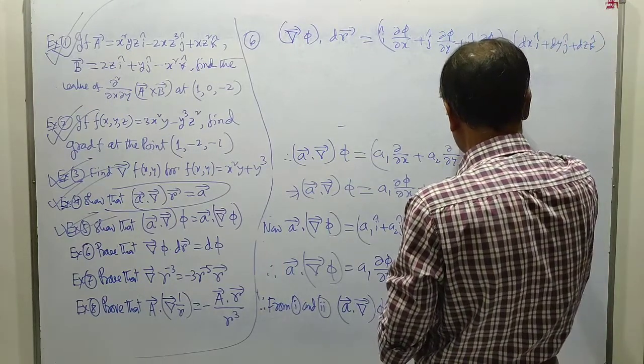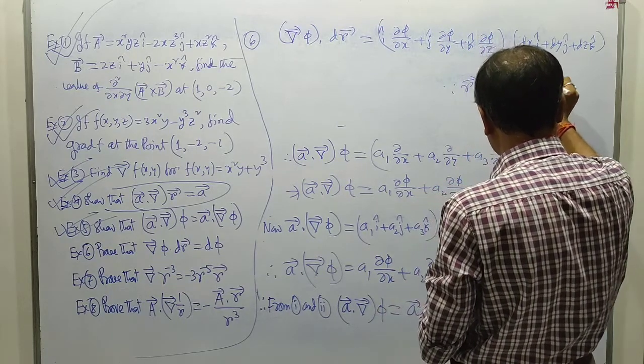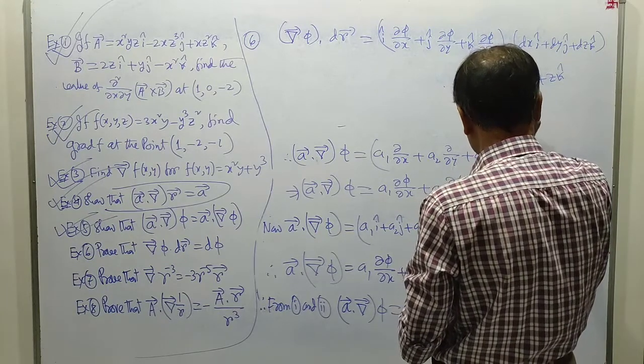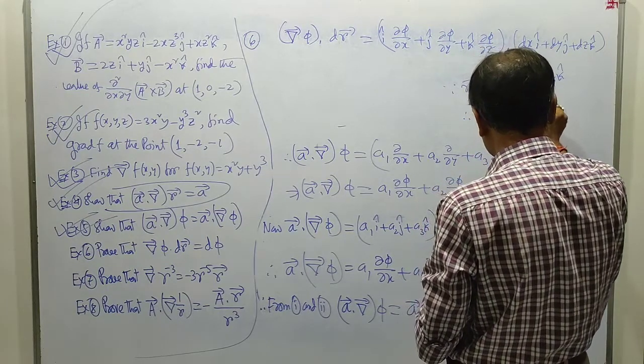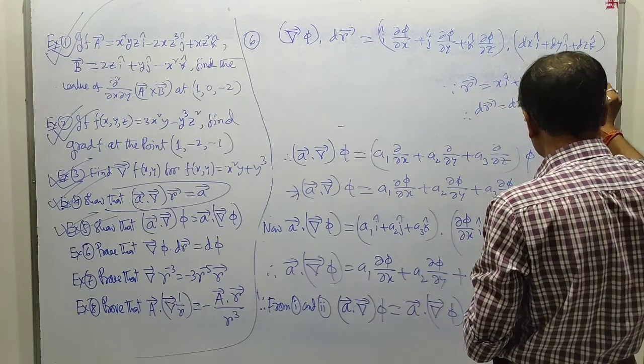Since r vector is equal to x i cap plus y j cap plus z k cap, therefore dr vector equals dx i cap plus dy j cap plus dz k cap.